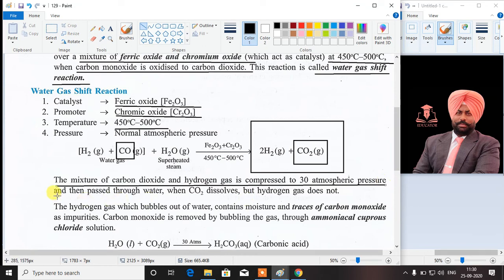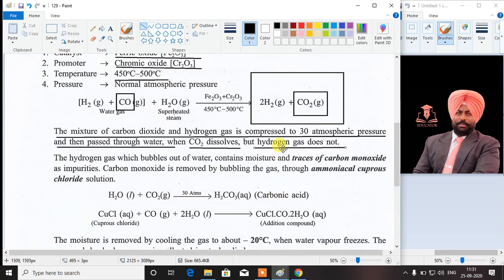On compressing and passing through water, carbon dioxide gas gets dissolved in water, but hydrogen gas does not dissolve in water. Means when the mixture of carbon dioxide and hydrogen gas, compressed at 30 atmospheric pressure, is passed through water, the carbon dioxide gas gets dissolved, but hydrogen gas does not dissolve and is collected. The thing to remember here is that this hydrogen gas which is collected is still not pure.